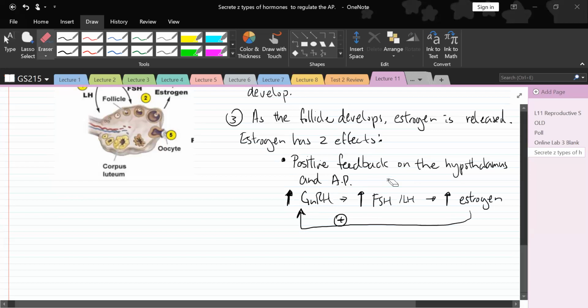So estrogen will go back to the hypothalamus, go back to the AP, and cause more of these things, the GnRH and the FSH, to be released. That's the first effect. The second effect is that the estrogen will cause the endometrium to thicken, by stimulating blood vessels to form.